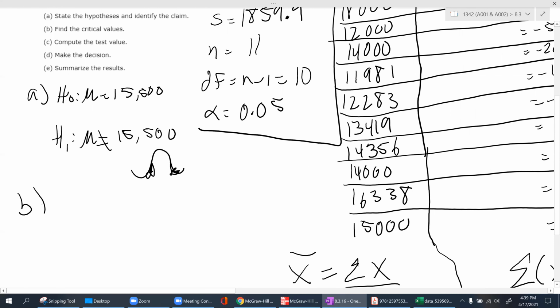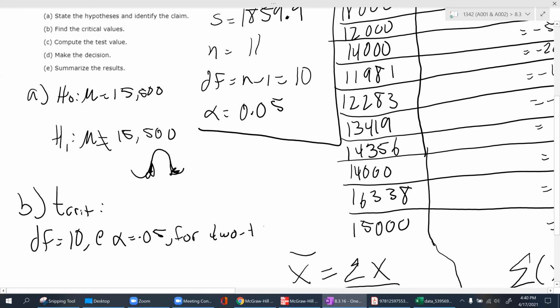Meaning t-crit is what I'm going to go ahead and find next. The degrees of freedom is n minus 1, which is 10, at alpha equals 0.05 for a two-tail test.